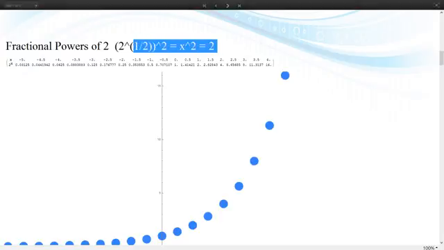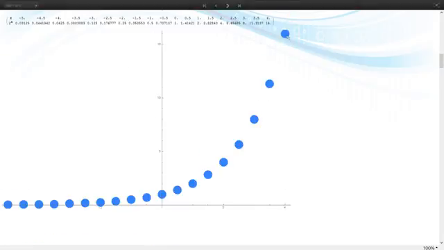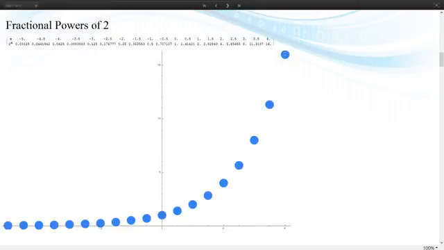So that gives us a nice description of how to handle fractions. And so I've listed all of the integers between -5 and 4 and all of the multiples of a half. And we've had this nice plot starting to show up.